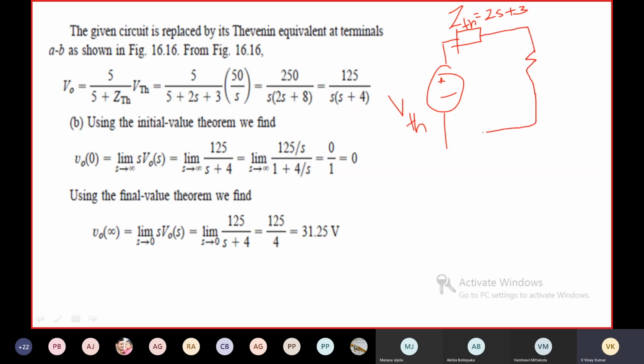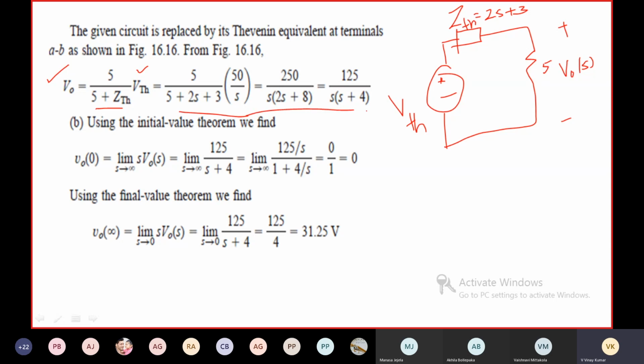Now we connect the load resistance 5 ohms. Voltage across this is V naught of S. Here V naught is equal to VTH, the total voltage, into that particular resistance by the total impedance. You can use the voltage division rule, or you can apply KVL on that too.